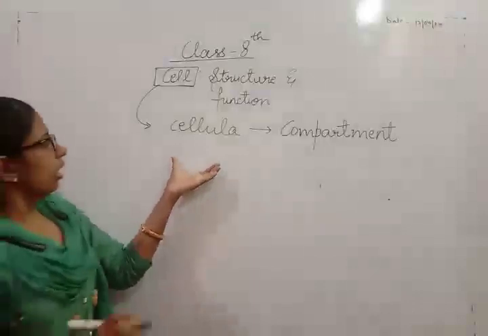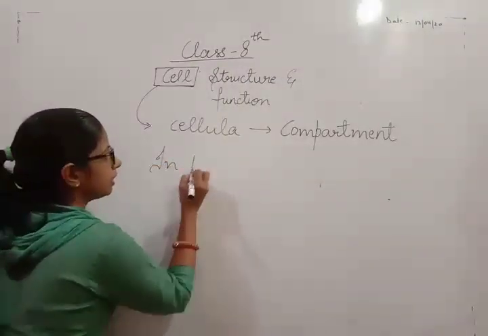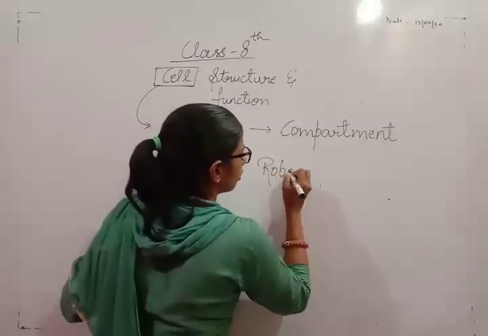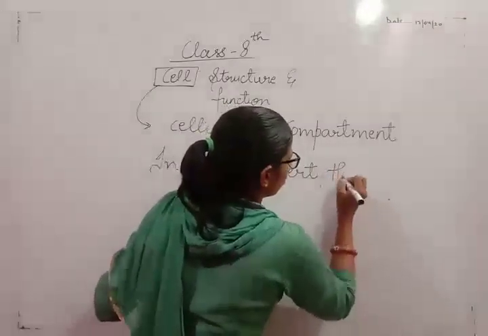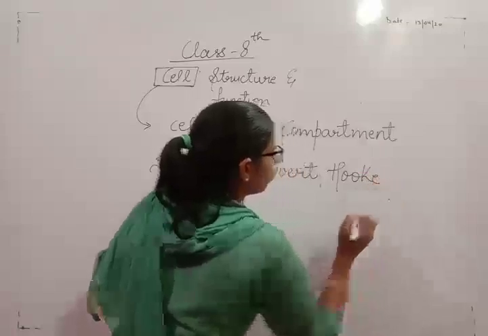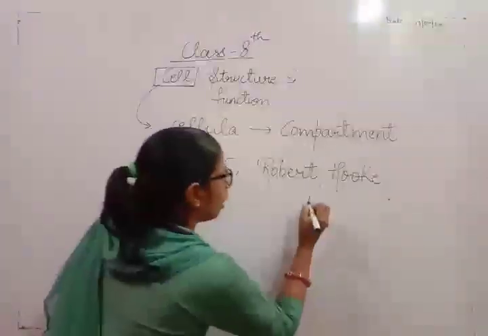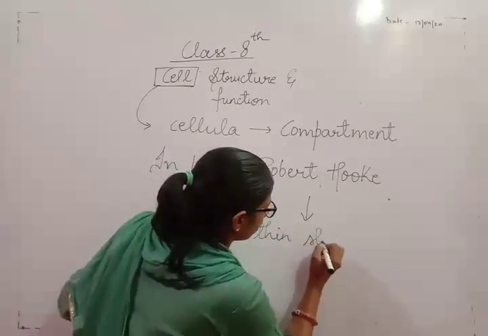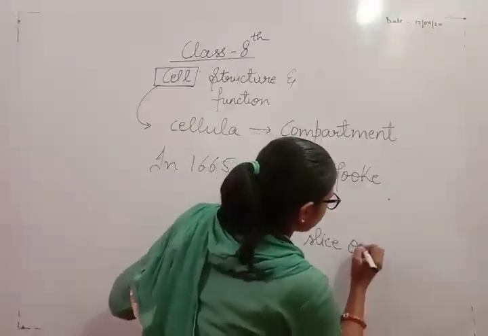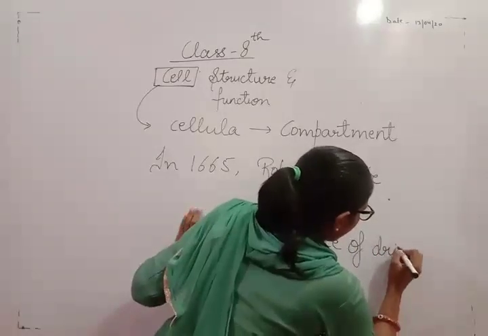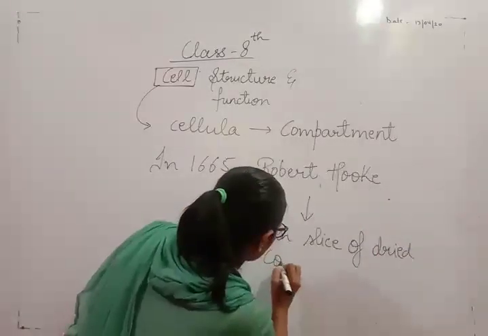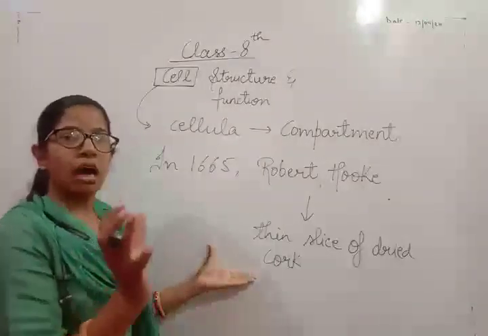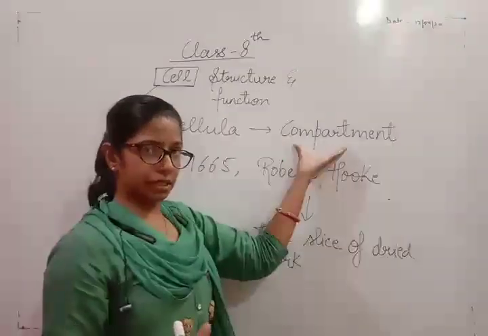In 1665, Robert Hooke observed a thin slice of dried cork under a microscope, and what he observed were empty compartments.